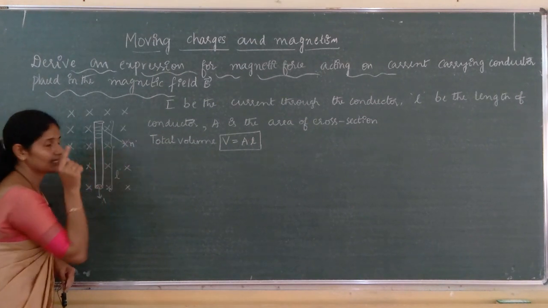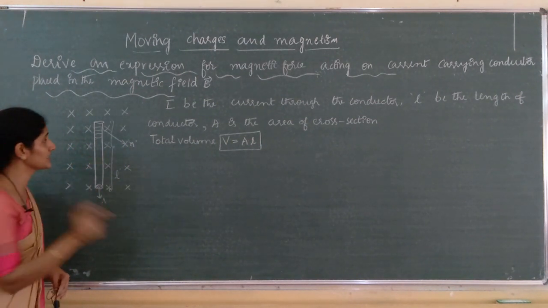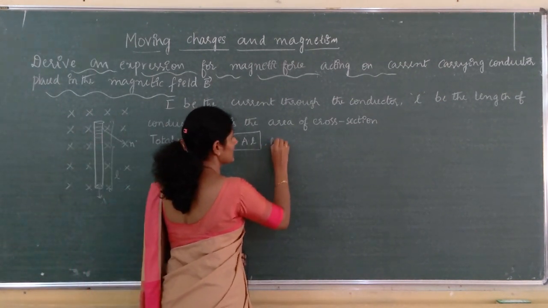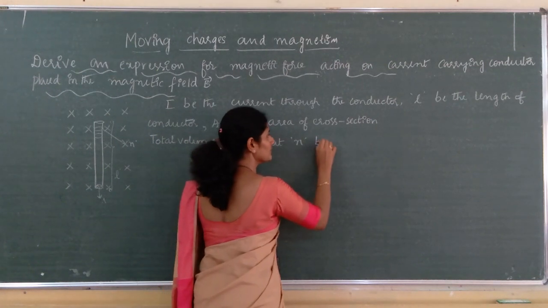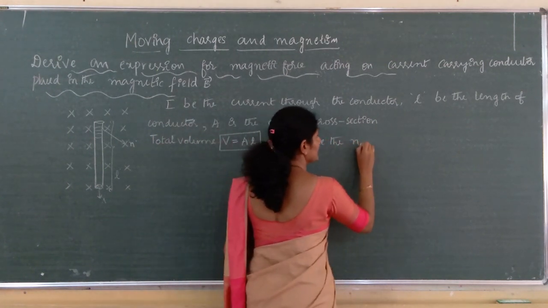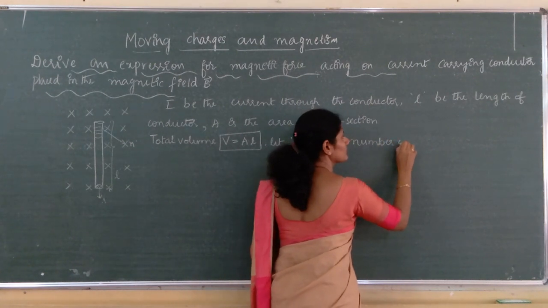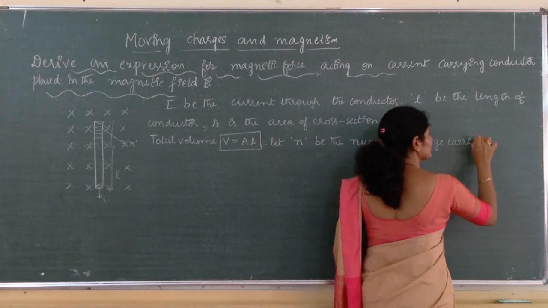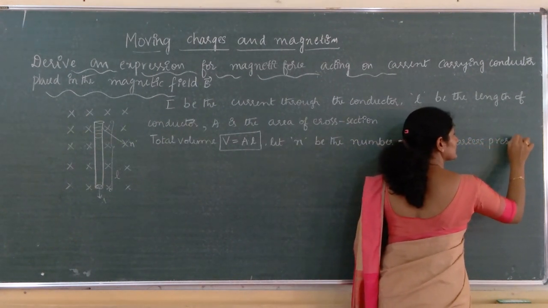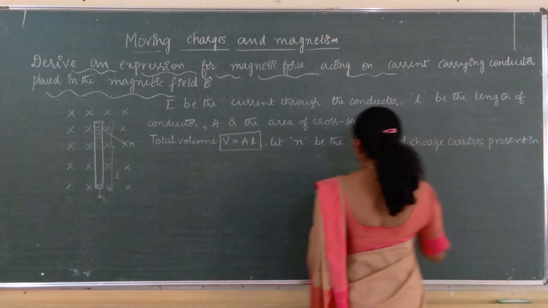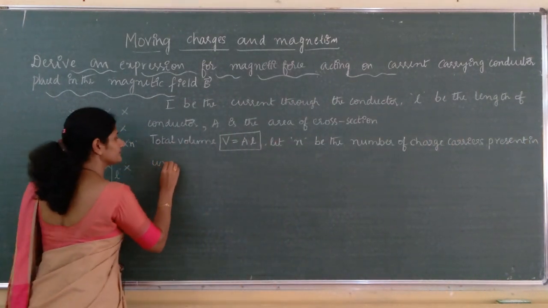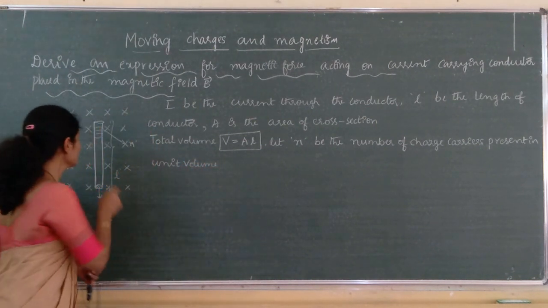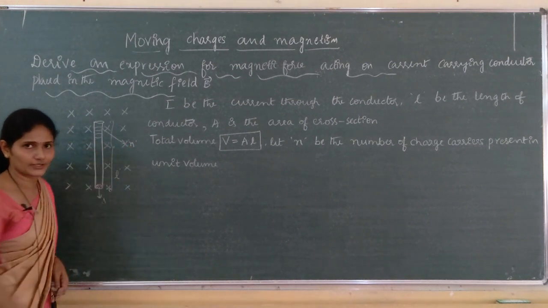So, n is the number of charge carriers present in unit volume.